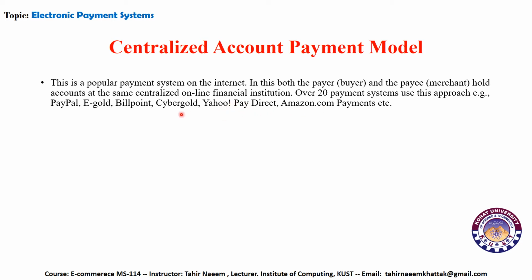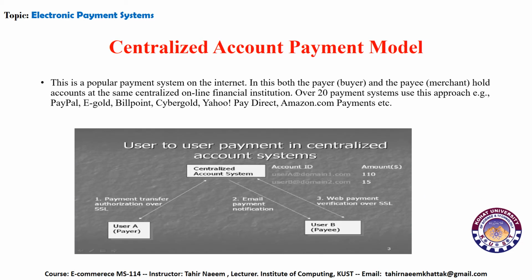In this payment method, both the user and the merchant have a bank account with the financial institution. So here is how this type operates. Let's suppose that a payer wants to pay something.